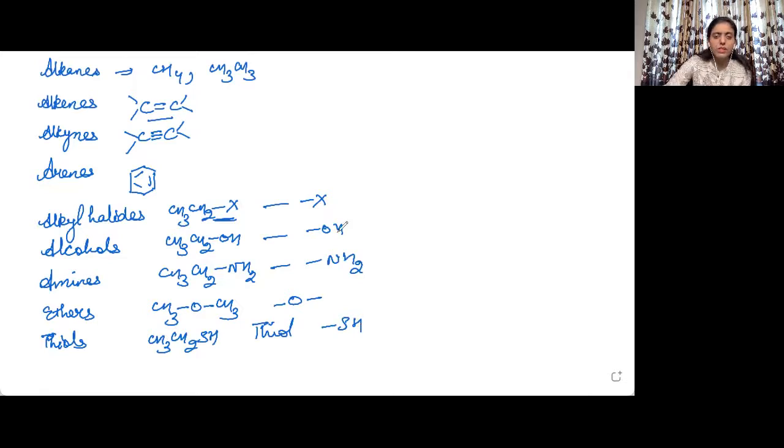Next you can have any number of examples, like nitro compounds, in which the functional group is NO2. Now R is the general symbol; if we need to write an alkyl group, R will be the alkyl group. Generally, if we are writing alkyl groups, we use capital R.